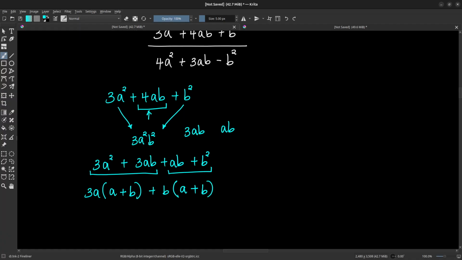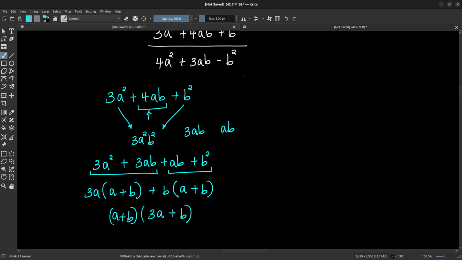Now notice that a plus b is a common factor in both of these terms. So let's factor out a plus b. The first term divided by a plus b gives us 3a, and then plus the second term divided by a plus b gives us b. So this is the simplification of the numerator.